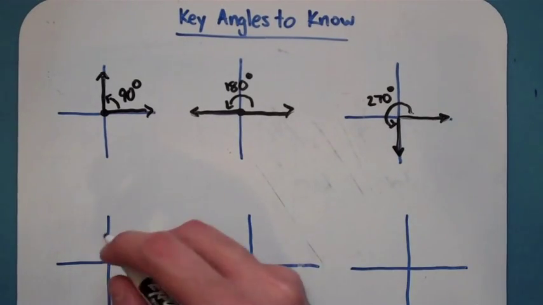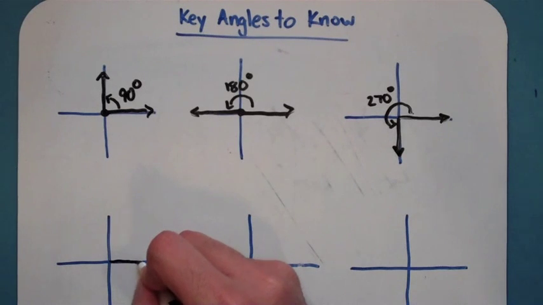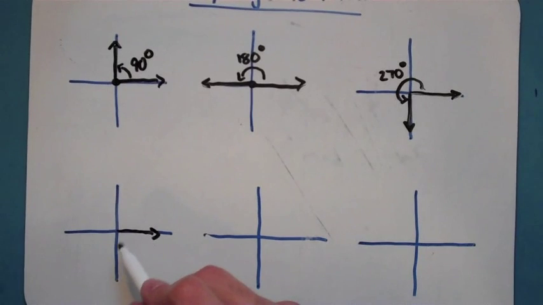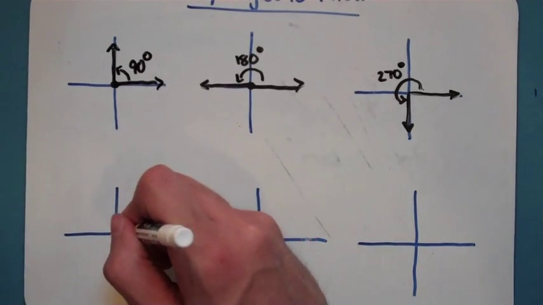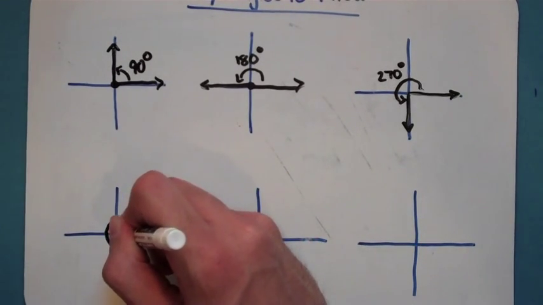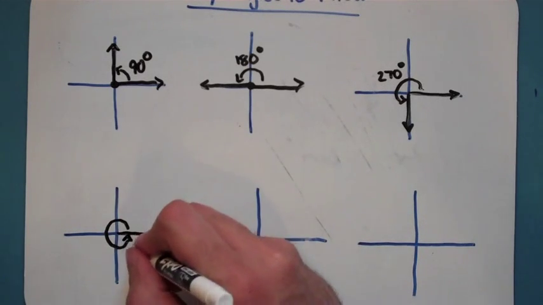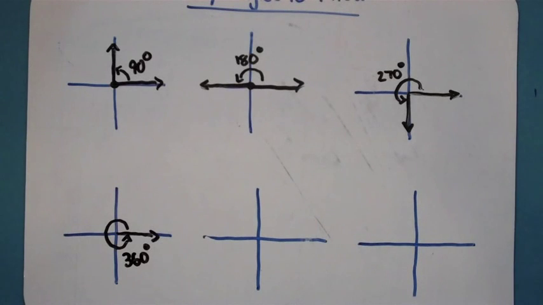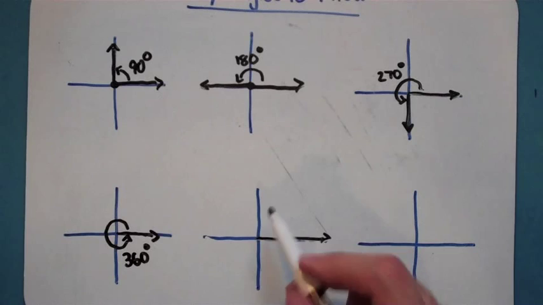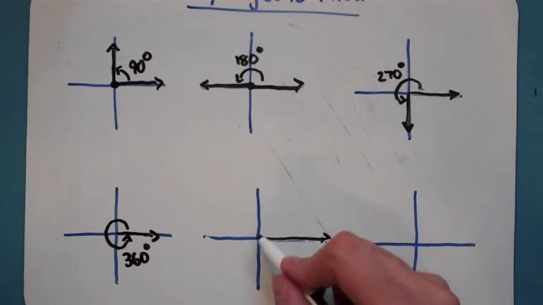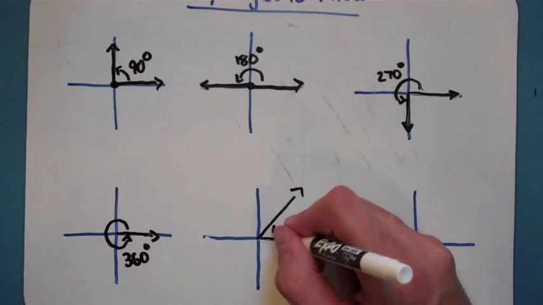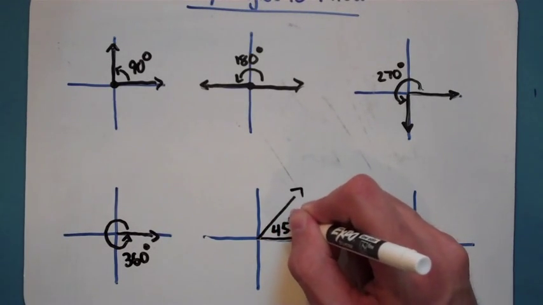If you go in a complete circle, so you have the first side of your angle here, and you go all the way around and land back on that same angle, that would be shown like this, and that's going to be a 360-degree angle. So if you go in a full circle, that's 360. It's very helpful to know that if 90 degrees is a full quadrant right here, if you go exactly halfway like that, that's what a 45-degree angle would look like.